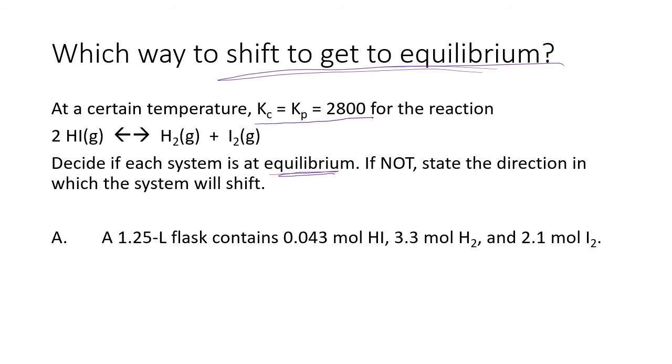When we calculate our new K, if K is much greater than 1, it's going to go to the products. If K is really small, smaller than 1, it's going to go to reactants.